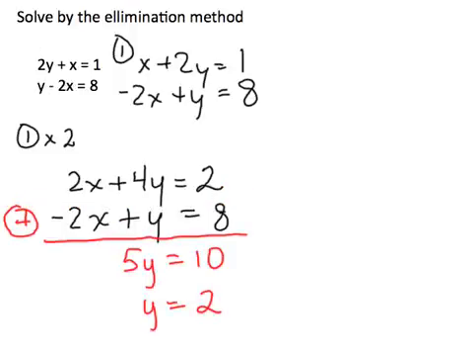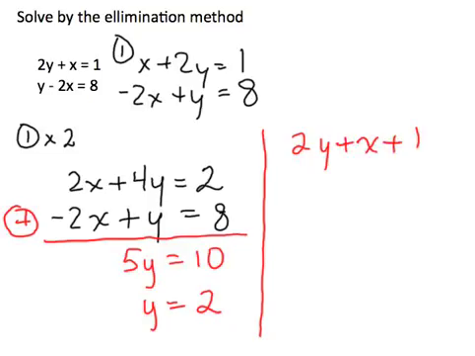And my last step, of course, is to plug that 2 into either here or there. It's nice, like I said before, to plug it in both places. So I'm going to substitute a 2 into this equation here. I'm going to plug a 2 in everywhere I see a y. That should have been equal 1.